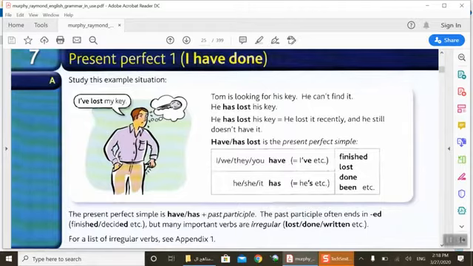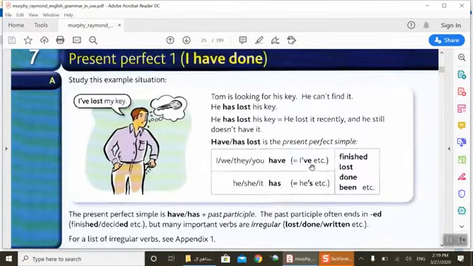Okay, so this is the structure of present perfect. Subject: I, we, they, you, have. Plural here; singular: he, she, it, has.